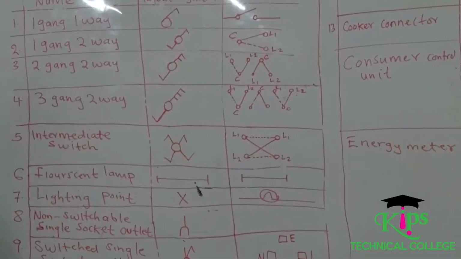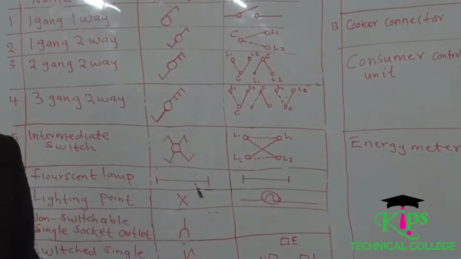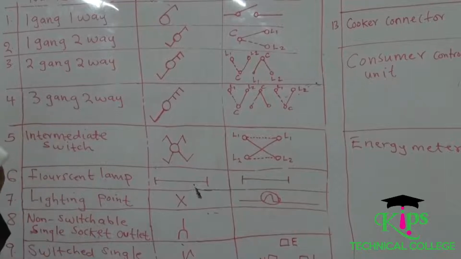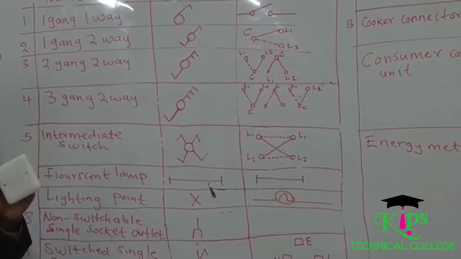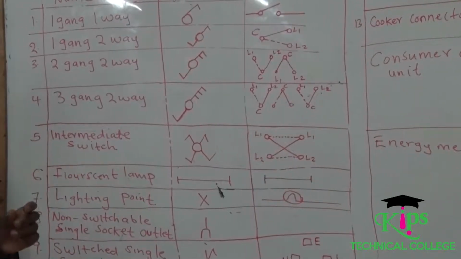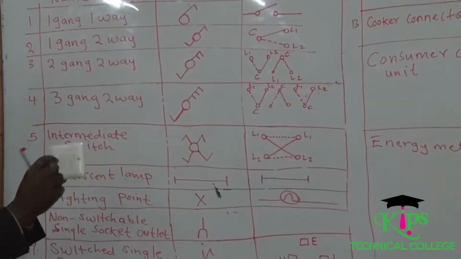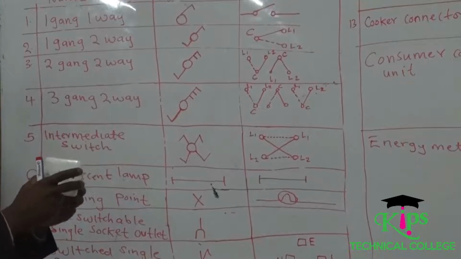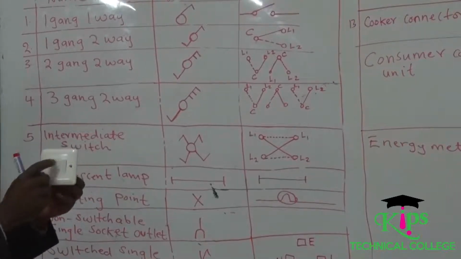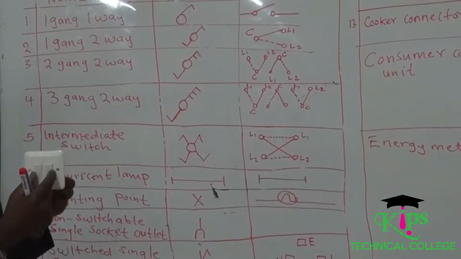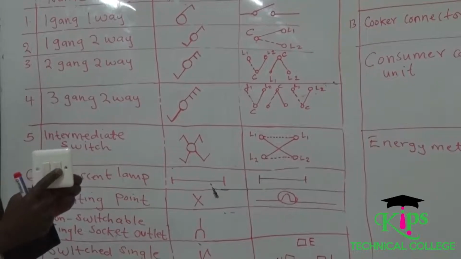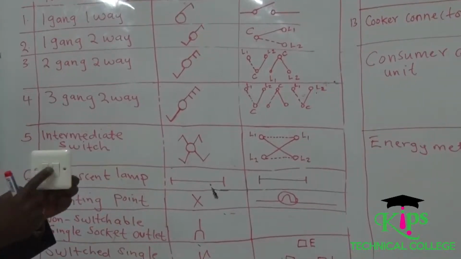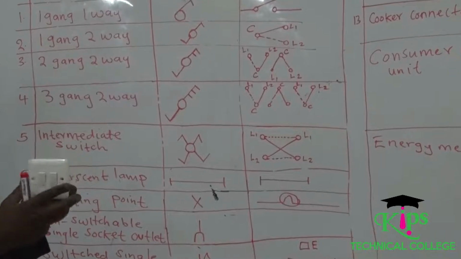So we move to the third category, which is a two-gang, two-way. In a two-gang, two-way, remember you must have two buttons. And remember in naming, you start from what you can see, because whenever you install this switch, you will first see this, then you can go inside. So the first thing you name is what you are able to see. This switch is called two-gang because it has two buttons, so to say, two-gang, two-way.